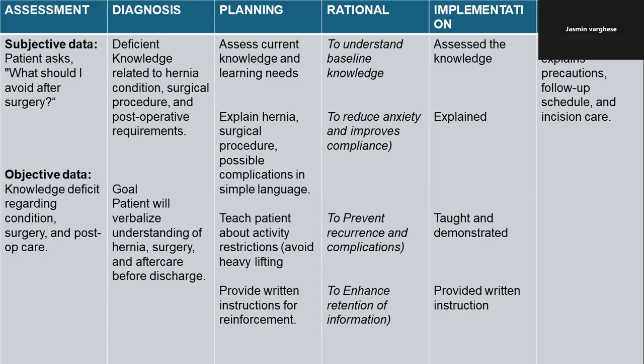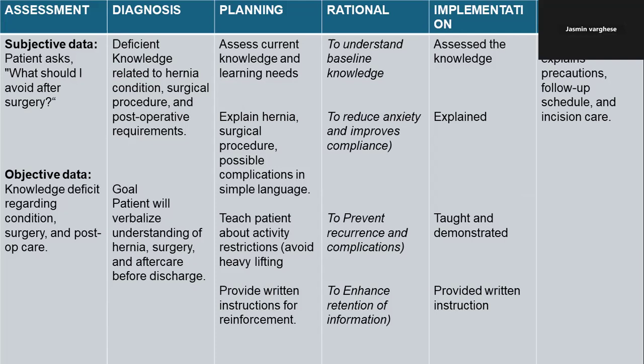Explain hernia, surgical procedure, and possible complication in implementation column. Teach patient about activity restrictions like avoid heavy lifting to prevent recurrence and complications. Taught and demonstrated. Provide written instructions for reinforcement to enhance retention of information. Provided written instructions. So, in that way, you have to write the planning, rationale, and implementation.